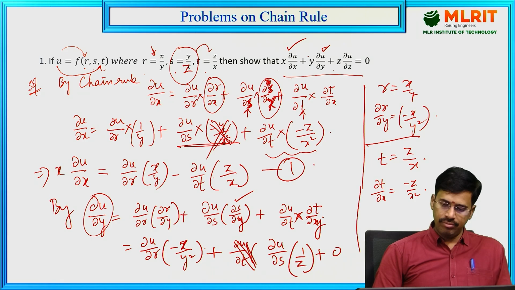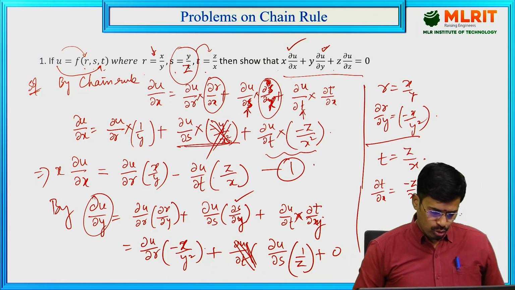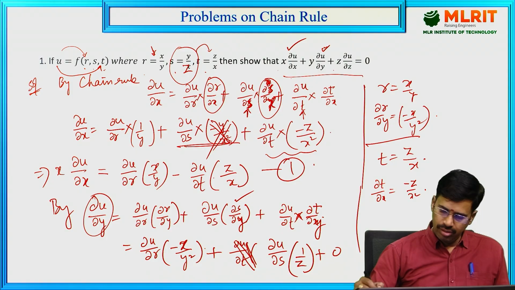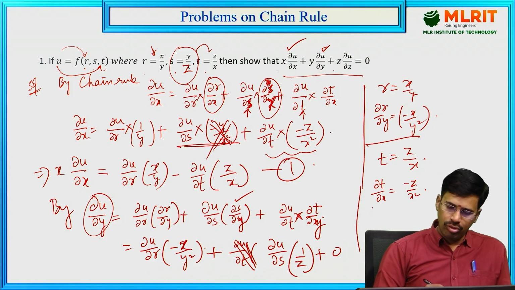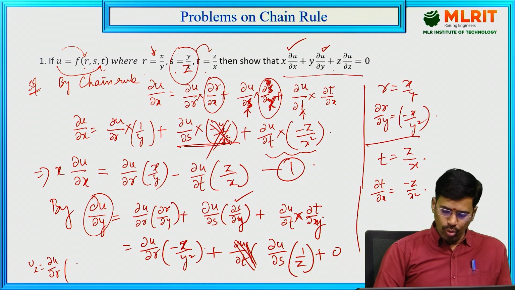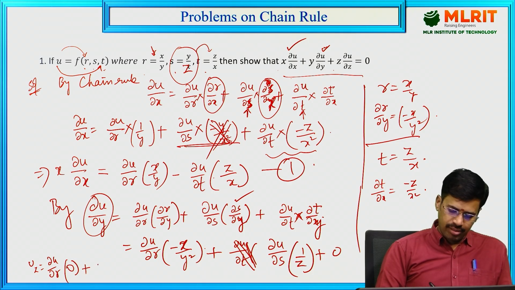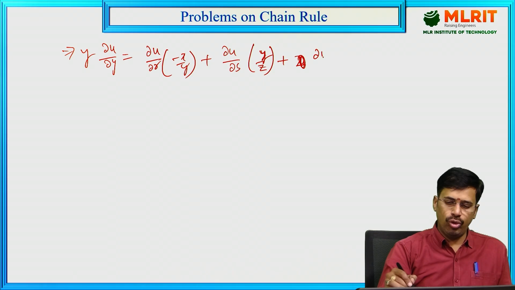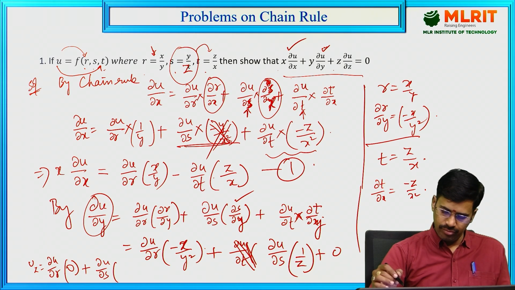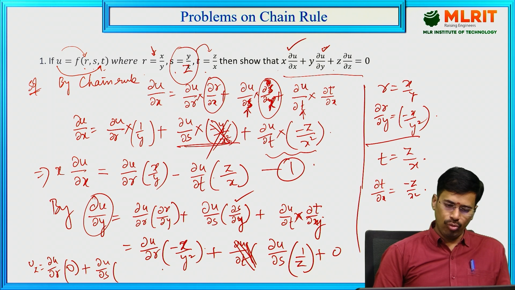What is ∂u/∂z? First let us find ∂u/∂z. So ∂u/∂z equals ∂u/∂r into ∂r/∂z, that is 0, plus ∂u/∂s into ∂s/∂z.